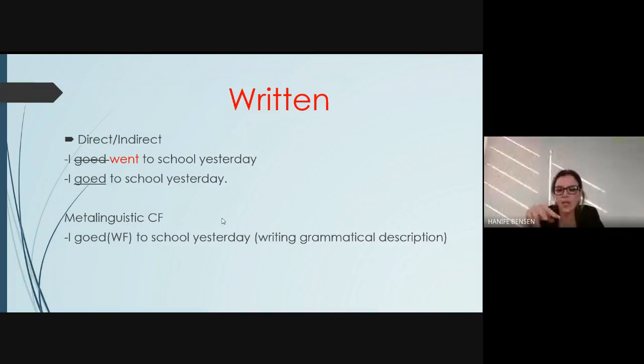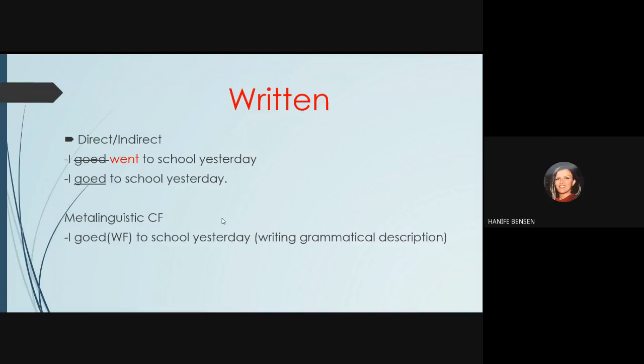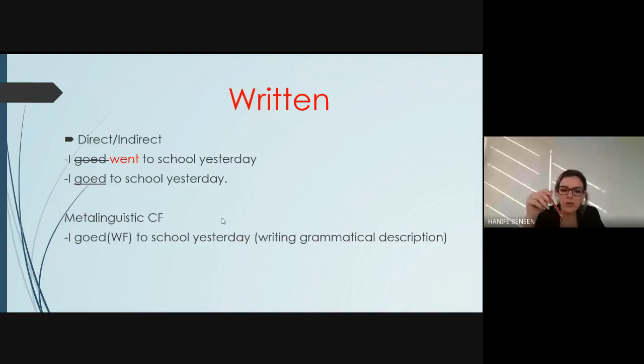Now, obviously students need to be trained on what that means to be able to understand the corrective feedback. With direct corrective feedback, it's obvious what the error is. So basically, with direct written corrective feedback, we're giving it to our students on a silver plate.